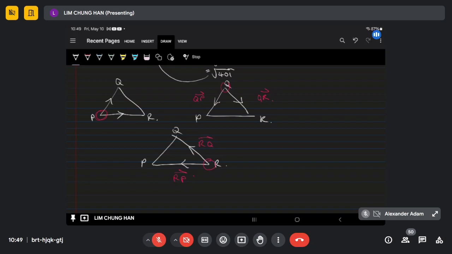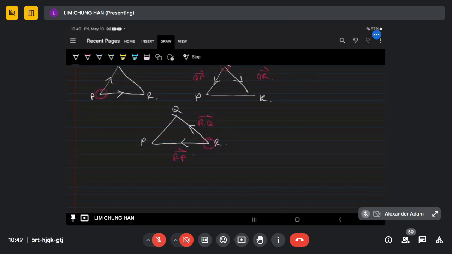Next, we are going to work with volume. Volume is basically just an extension of area. Volume is basically area times a depth or a height.